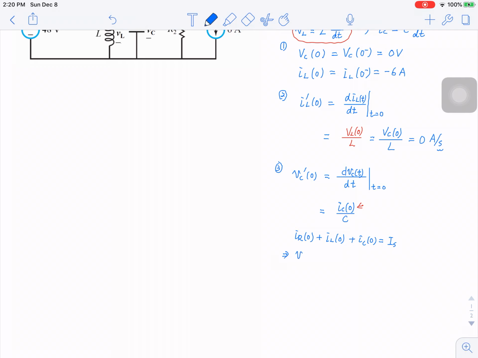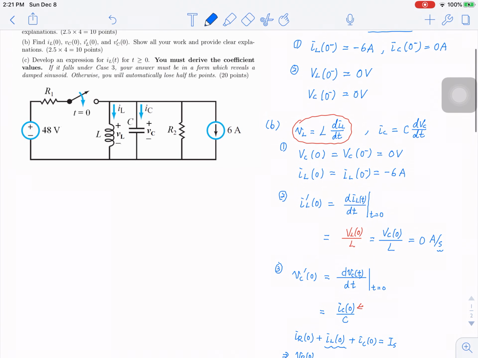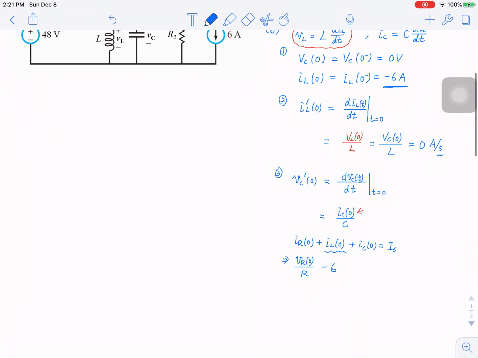IR(0) is VR(0) divided by R, by Ohm's law, plus minus 6. This IL is defined here. And IC(0) is what we want here, equal to IS. What is IS? IS is equal to 6.